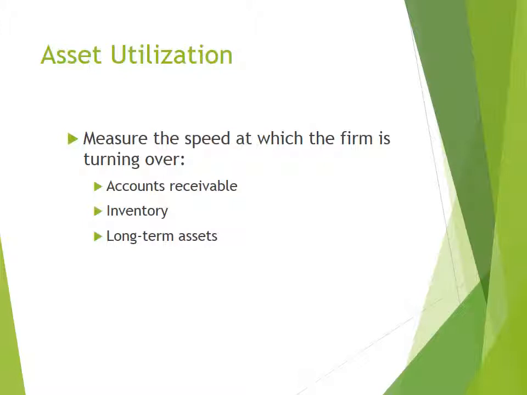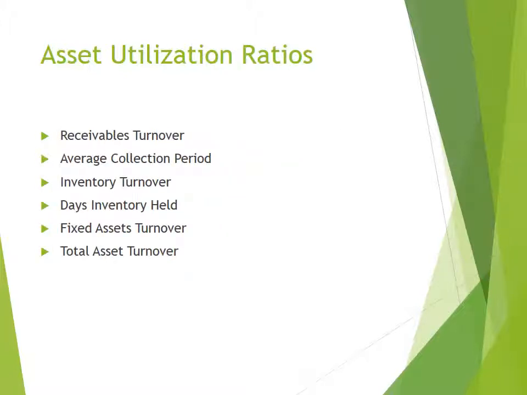Asset utilization measures the speed at which the firm is turning over accounts receivable, inventory, and long-term assets. Here are some of the asset utilization ratios that you'll be required to know for some homework problems and maybe a test question or two.